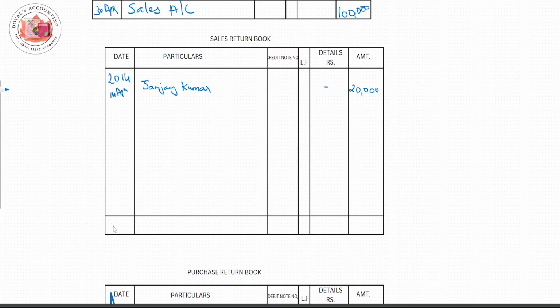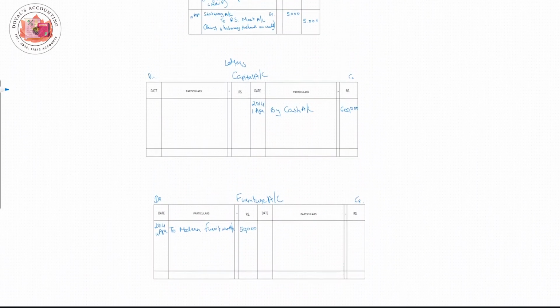Okay. My next subsidiary book is my sales return book. So let's do the totaling for that as well. 30 April, sales return account, 20,000. Okay, I did not create a sales return account.